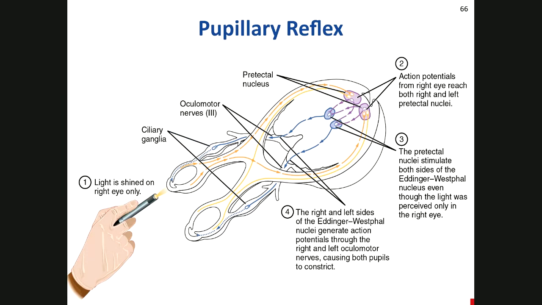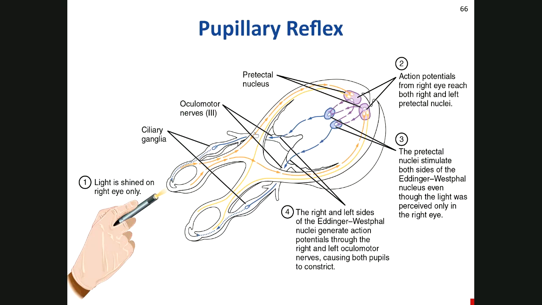The next reflex here is called the pupillary reflex. In the pupillary reflex, you can see that when you shine a light in the right eye only, you can see the response, which is contraction of the pupil on both sides. But what happened here? This light is detected by the receptors and moves by the sensory neuron to our brain.